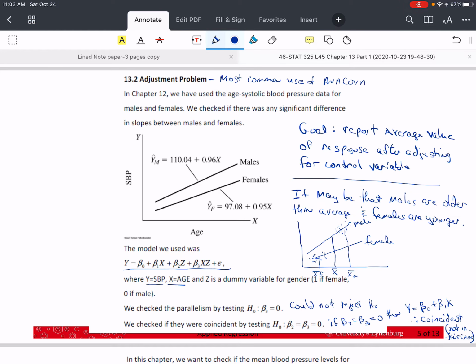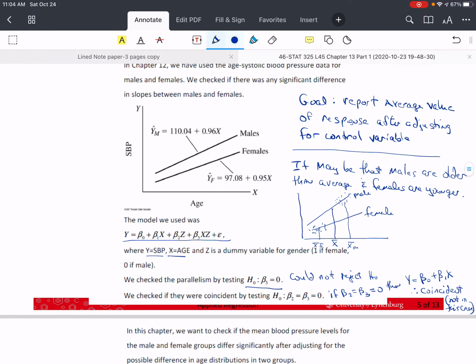Okay. We checked the parallelism by testing that beta 3 is equal to 0, but we could not reject H naught. We then checked if they were coincident by testing beta 2 equals beta 3 equals 0.